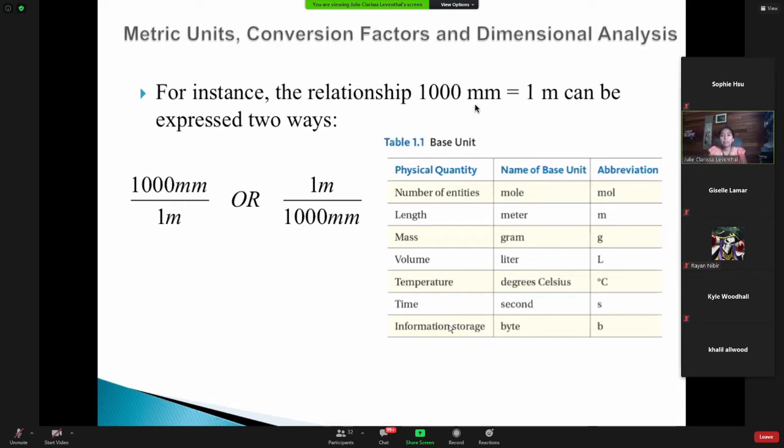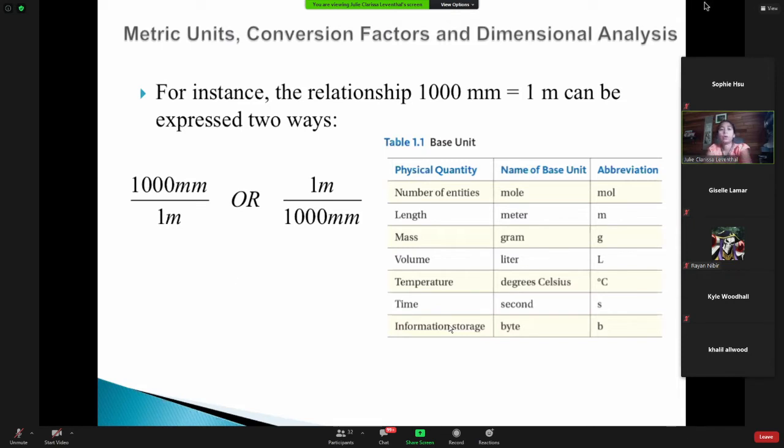So 1,000 millimeters equals 1 meter, right? This is what you see. That is what you call an equivalency. You use this to go from one unit to the next. So the equal sign can be written as over. 1,000 millimeters over 1 meter, or it can be written as 1 meter over 1,000 millimeters.